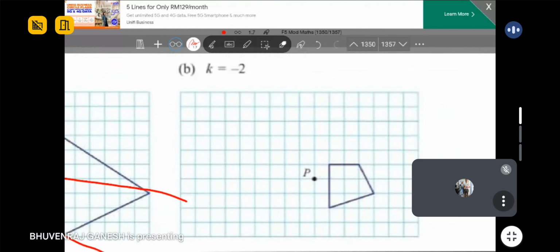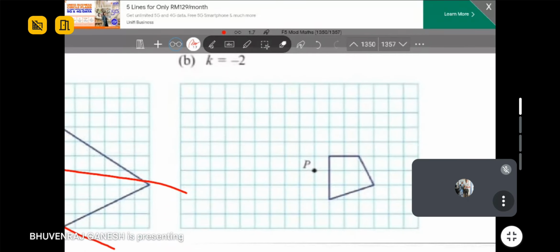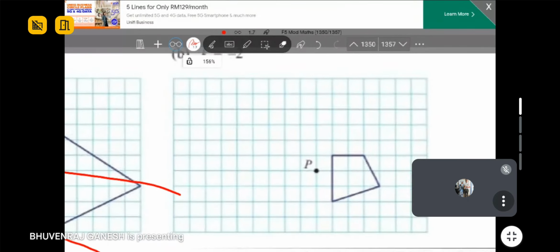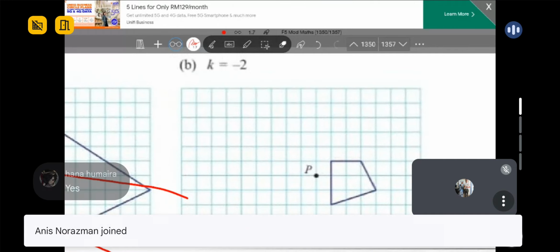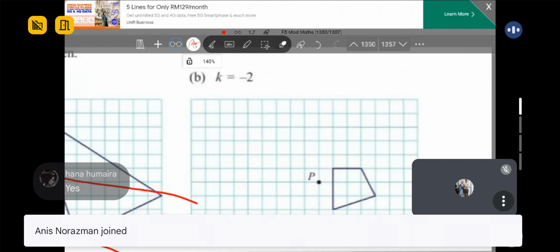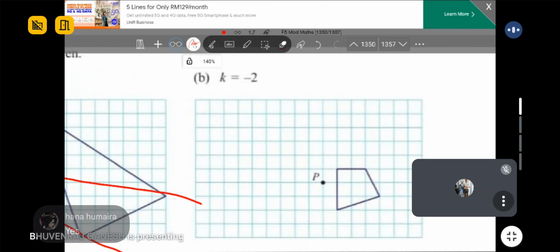Okay, so back to girls team. Okay, so over here, question different. So Hana, adakah kamu kat sini? Boleh respon? Ya. Okay. So berdasarkan faktor skala kamu, objek kamu bagi tahu saya, dia kat kedudukan mana?